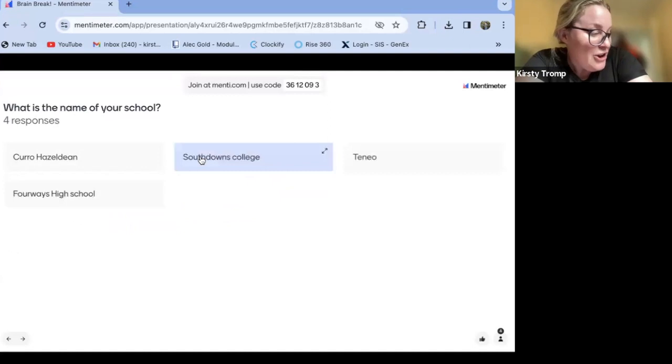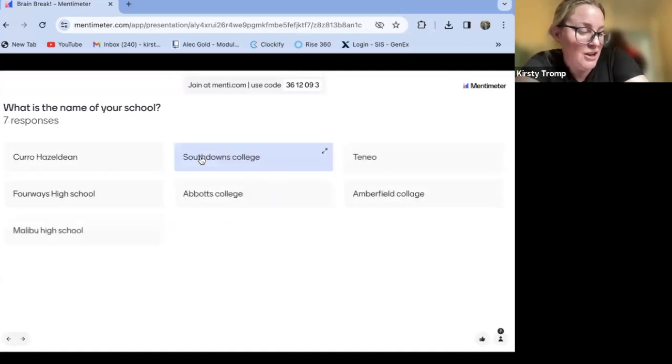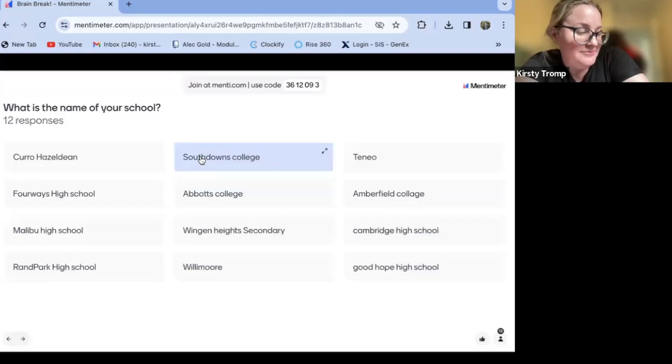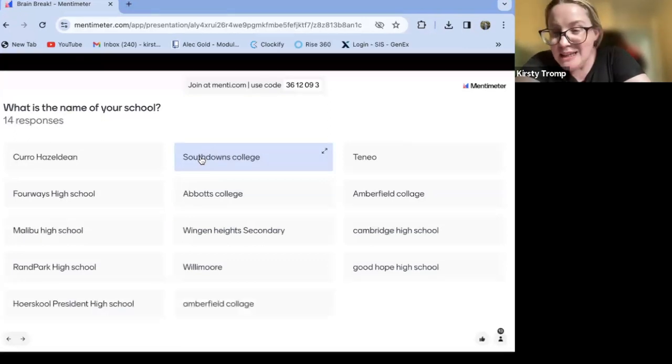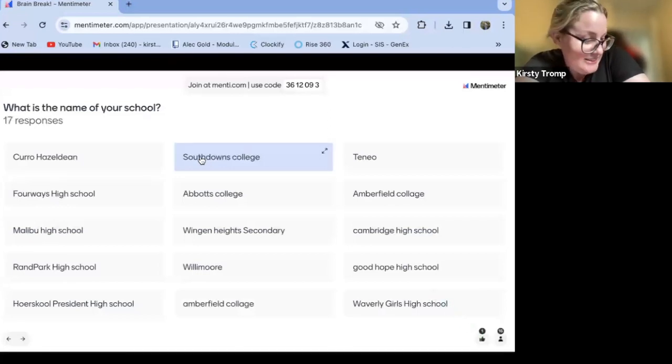Caro, Teneo, some people are at Teneo, that's cool. Fourways, Abbott's College. Awesome, guys. Cambridge High School, Randburg. Look at that. Awesome. I definitely think we have a lot of people from Gauteng representing here, hey? Nice, guys.